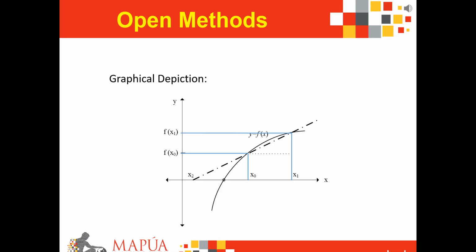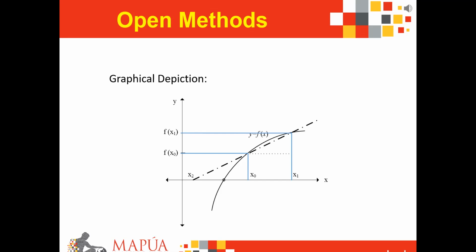Since we are no longer bounded by the bracketing condition, you may select any two initial values you prefer, whether they are both negative or, in this case, both positive. Then you connect the two functions using a straight line, and that straight line will eventually intersect the x-axis, giving you a new root estimate, x2.